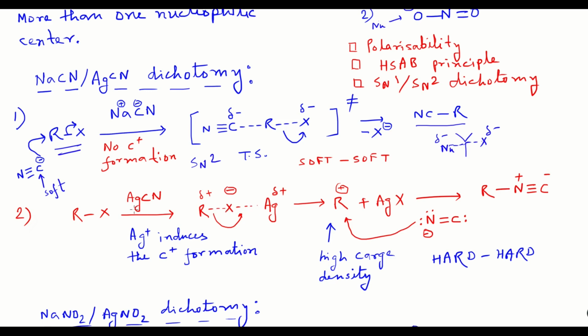So first the silver ion will assist the carbocation formation, and then the nucleophile will react with the carbocation.